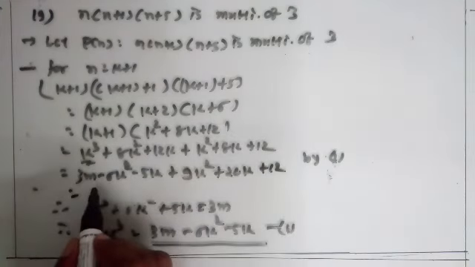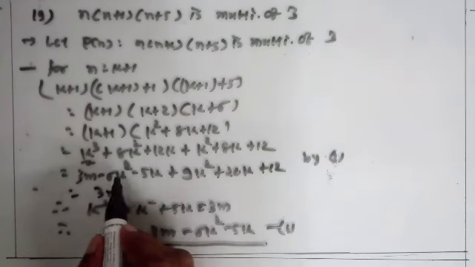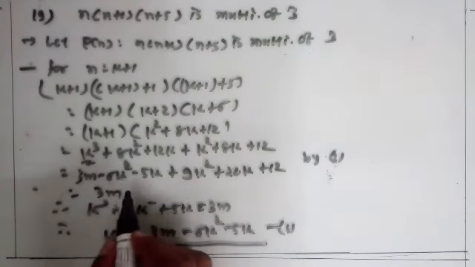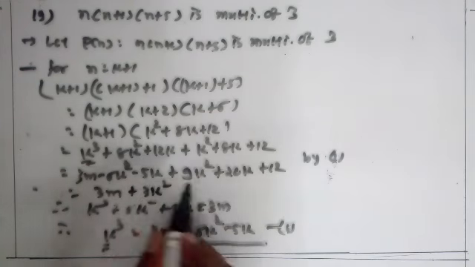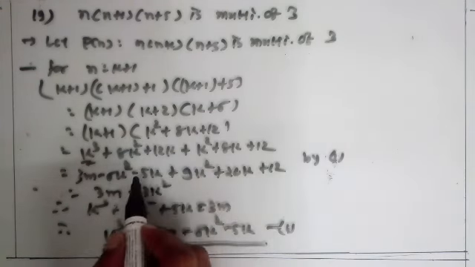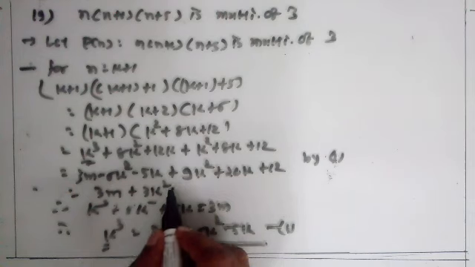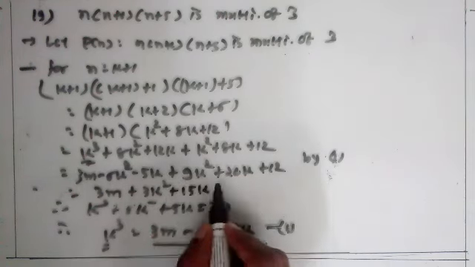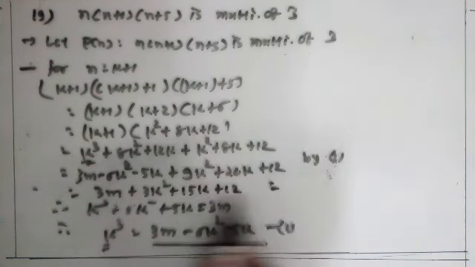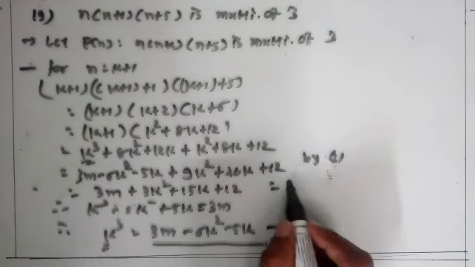So it is equal to 3m. Here minus 6k square plus 9k square. This is minus, this is plus, so becomes 3k square. 20k minus 5k becomes plus 15k plus 12. So it is equal to, now 3 take common from all.